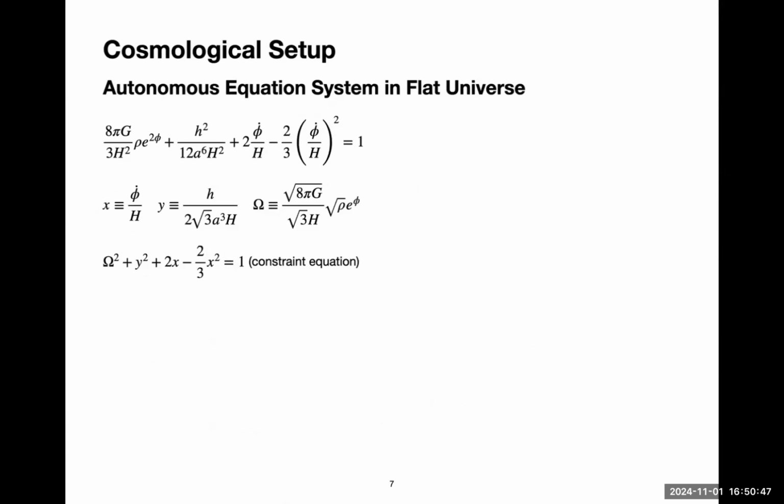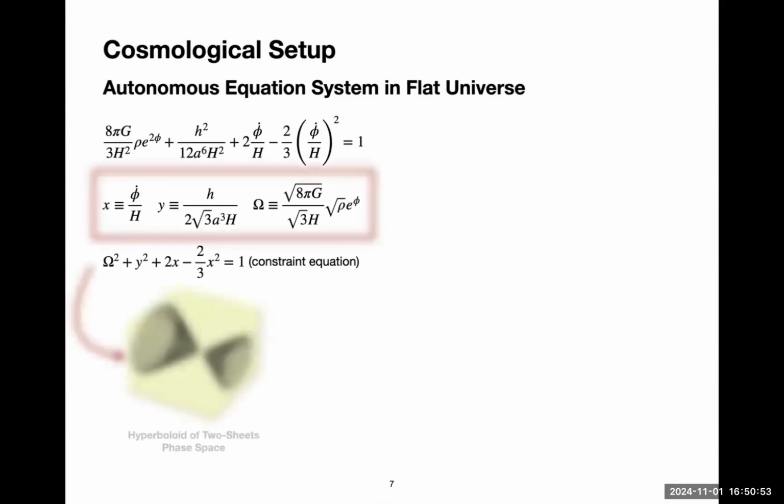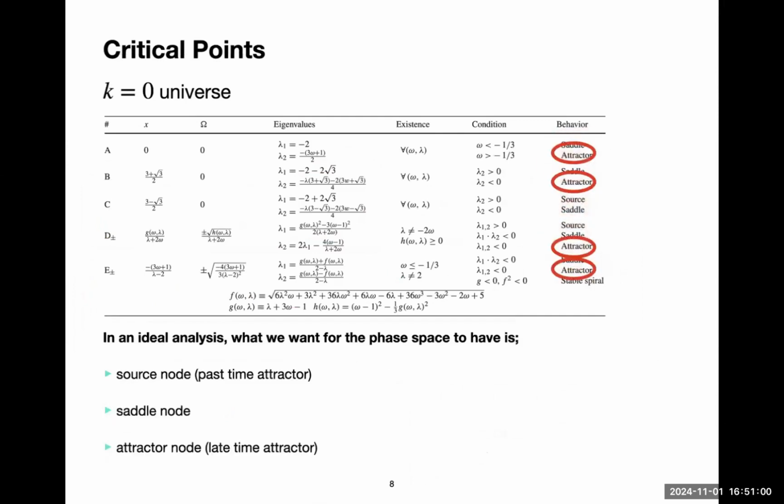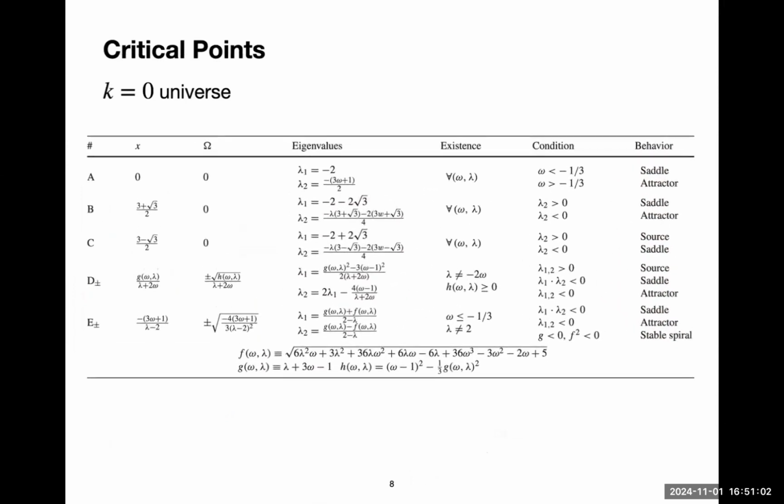Then if you show the table, for instance, with some attractors or some critical points, you had a table with critical points. Each of these critical points corresponds to what kind of evolution of the universe? So I didn't understand.